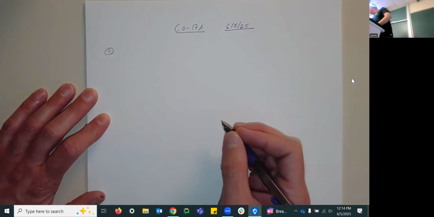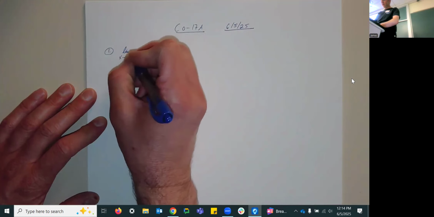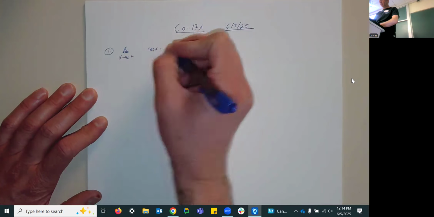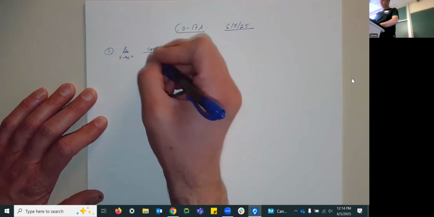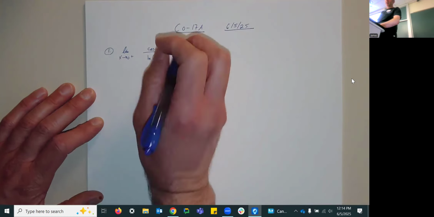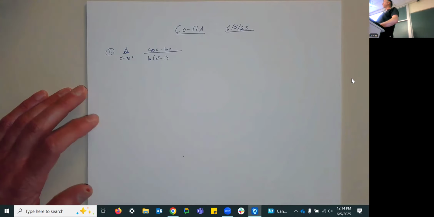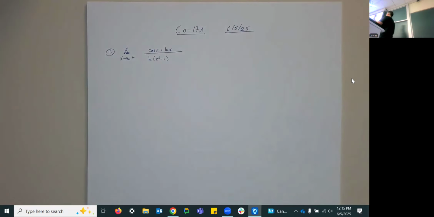It's the limit as x approaches 0 from the right of cosine of x times the natural log of x, divided by the natural log of e to the x minus 1. The prompt says, use L'Hopital's rule to find this limit.